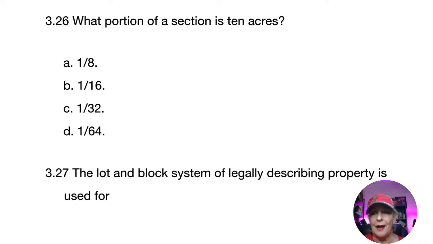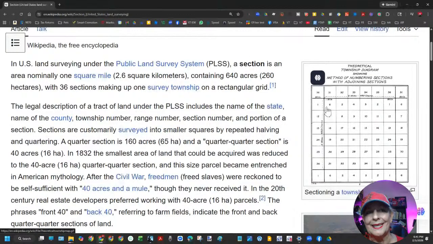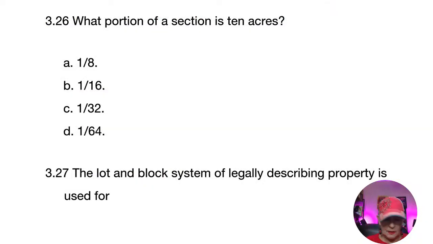I hope y'all follow it. If not, you'll want to go and study here. The section has 640 acres. So 10 acres divided by 640 gives you the 1/64 by eliminating the zeros. So 26 is D.